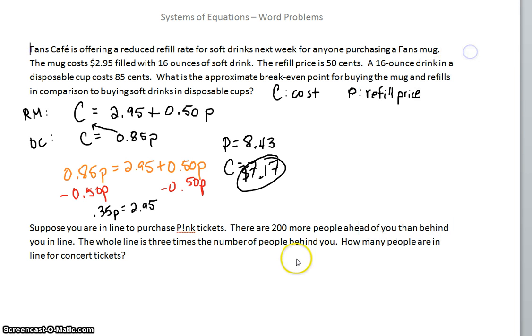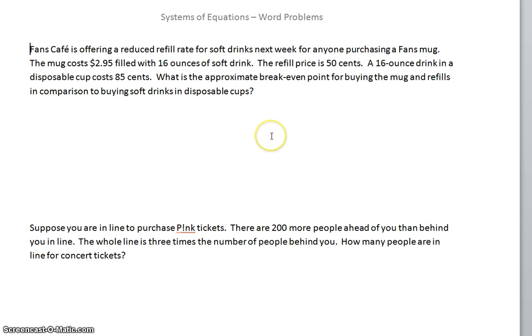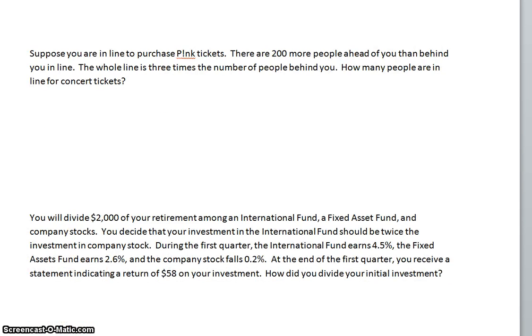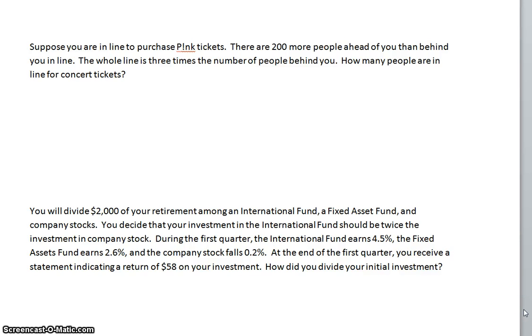Okay, so let's take a look at the next one. All right, here's the next problem. Go ahead and read it to yourself, and then I'm going to get started, and of course you can pause it when you need to. There are 200 more people ahead of you than behind you in line. Well, if I use a little table here, I have people ahead, people behind, and then I have the entire line.